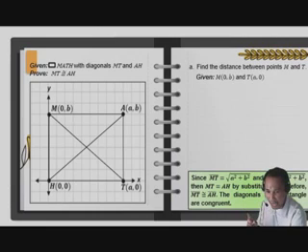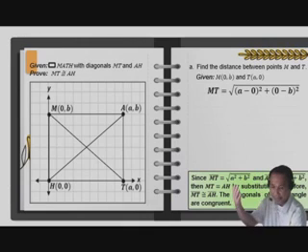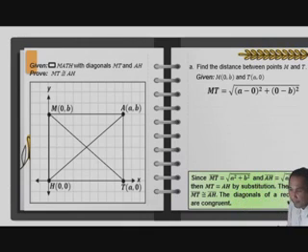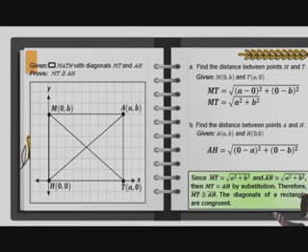Let's start with MT. Applying the distance formula, we measured that AH and MT are equal. Both are the square root of a squared plus b squared.